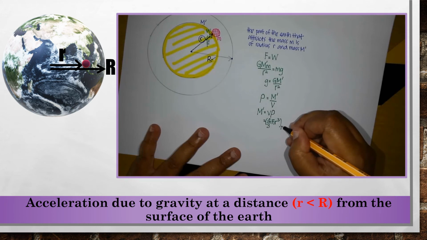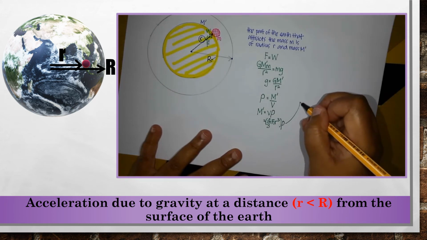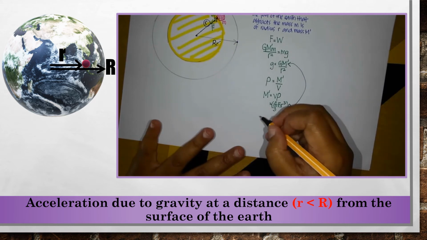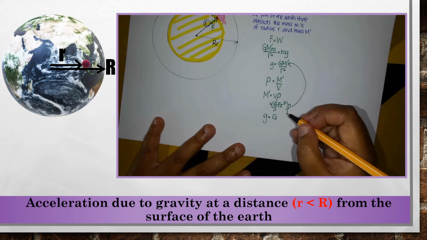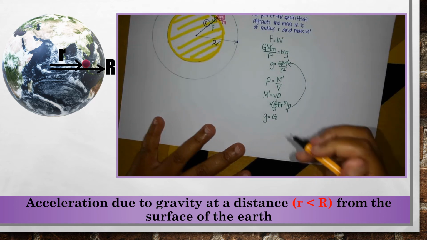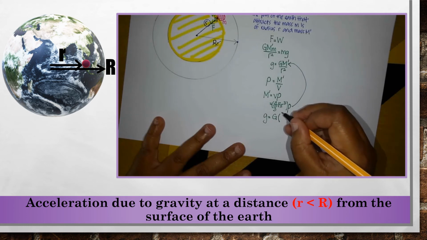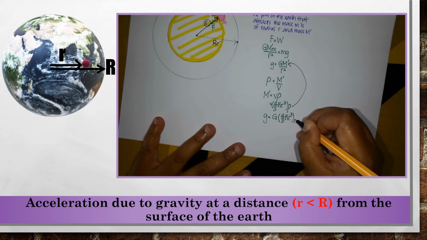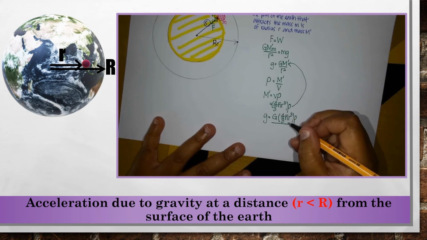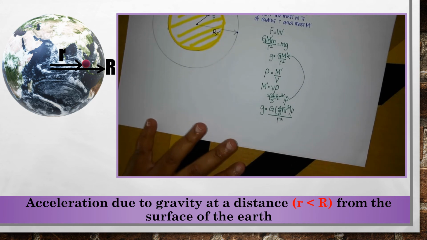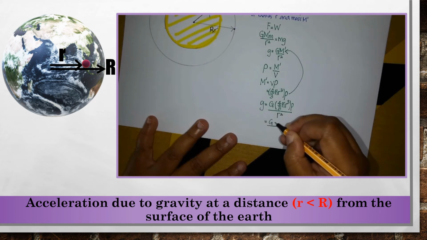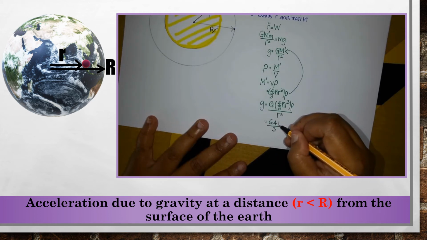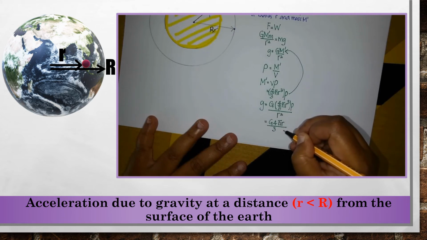I substitute this inside here, and I get small g equals capital G, the gravitational constant, times 4 over 3 pi r cube rho divided by r square. If I cancel it, I get G 4 over 3 pi r rho.